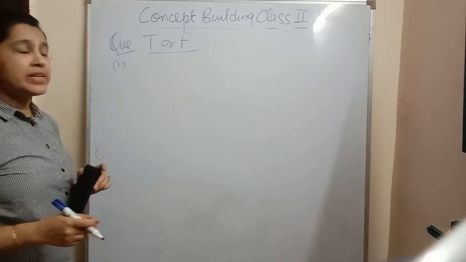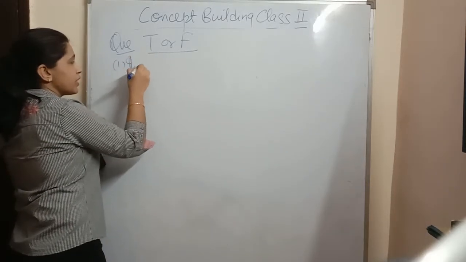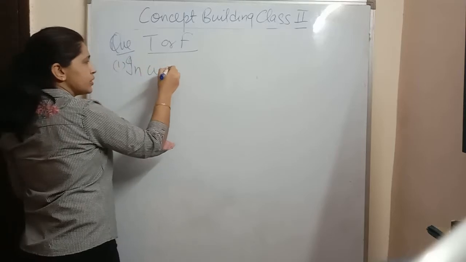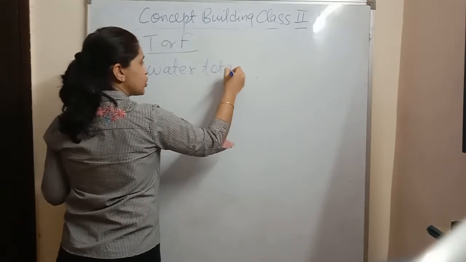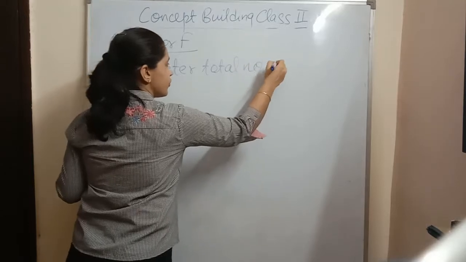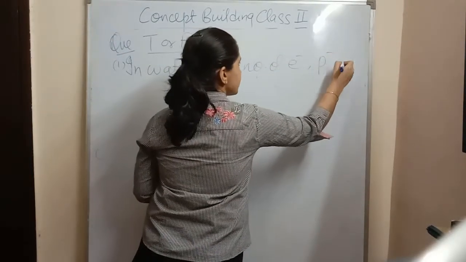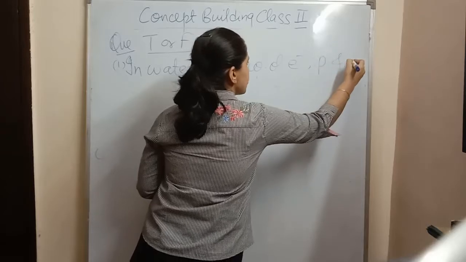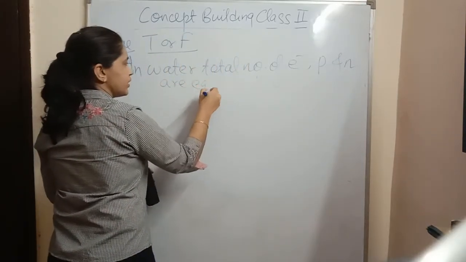The first statement is, in water, total number of electrons, protons and neutrons are equal.